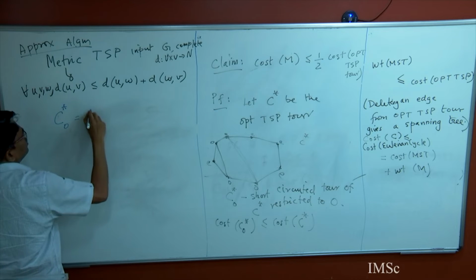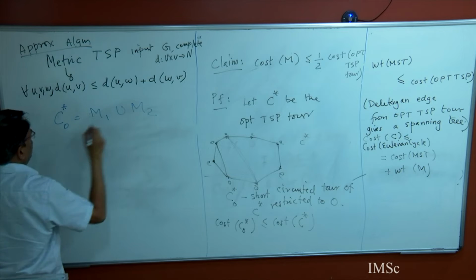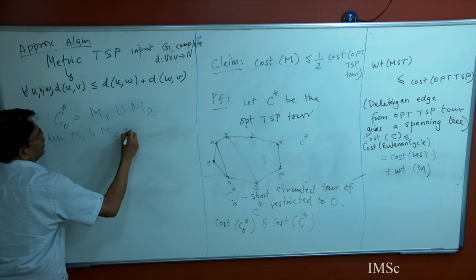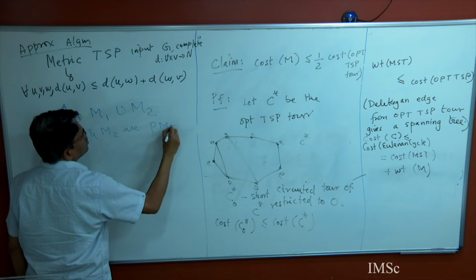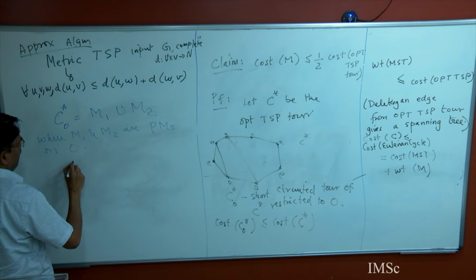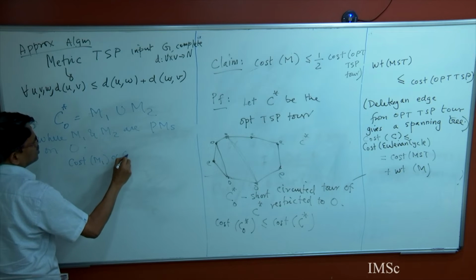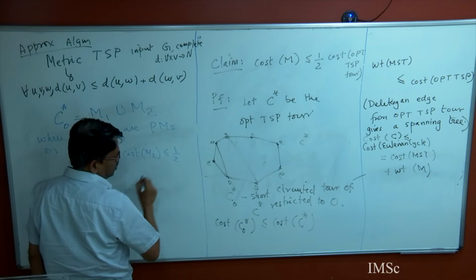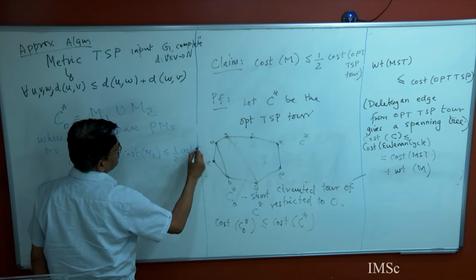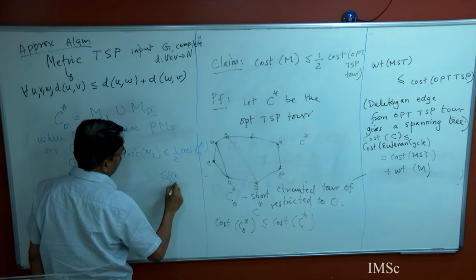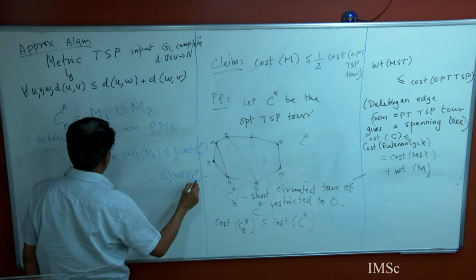C star is equal to some M1 union M2, where M1 and M2 are perfect matchings on O. So, cost of M1 or cost of M2 is at most half cost of CO star, which is at most half cost of C star.